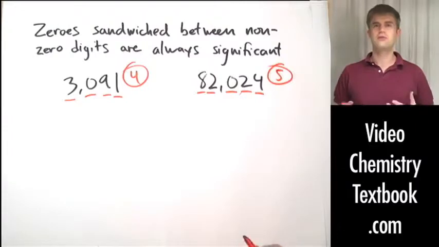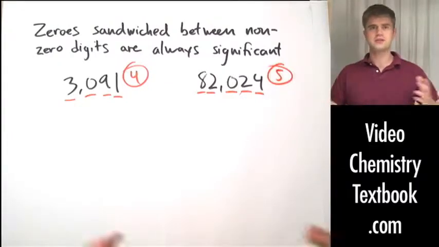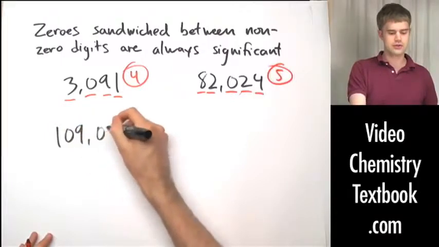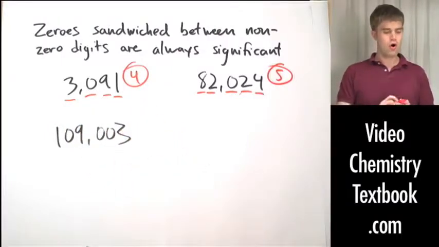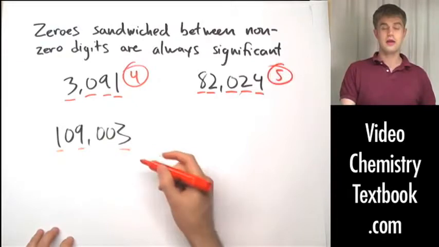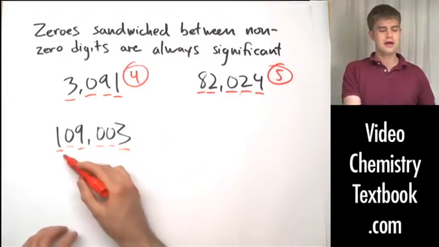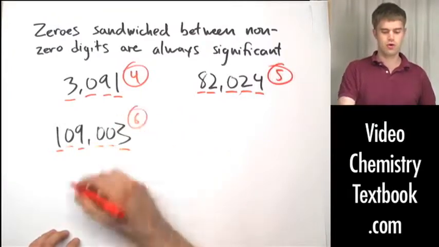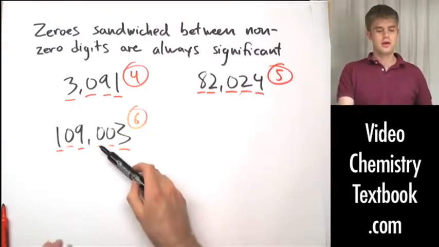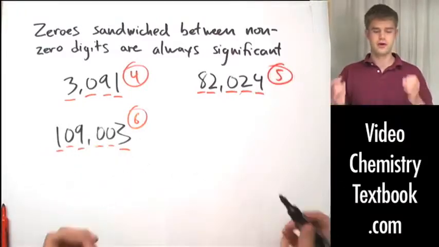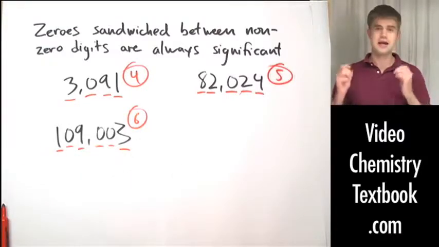Now, it doesn't just have to be one 0, and it doesn't have to be in just one place. So we can have a number like 109,003. Again, 1, 9, and 3 are significant, and since these zeros are sandwiched between them, they are all significant too, so there are a total of 6. Number of zeros doesn't matter. Number of groups of zeros doesn't matter. And the other thing that doesn't matter is decimal points.